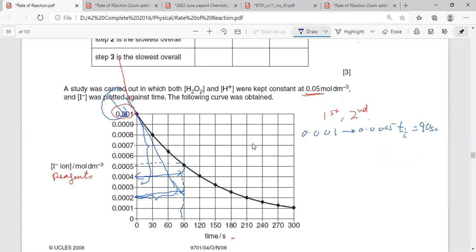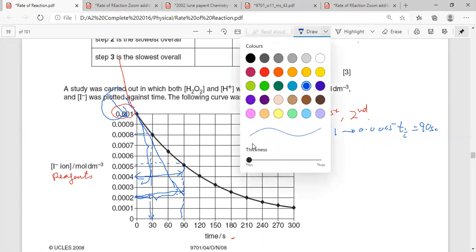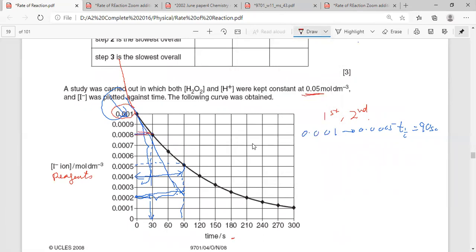Now you can find another one. Let's try another method. 0.0008 here, and to half of that, I'm going to use red color, better. From here to here. Half of 0.0008 is 0.0004 here. So from here to here, again, how much? 30, 60, 90.